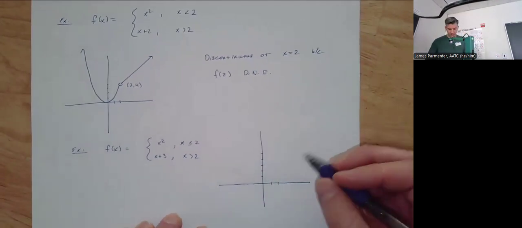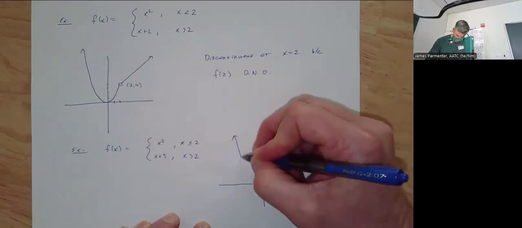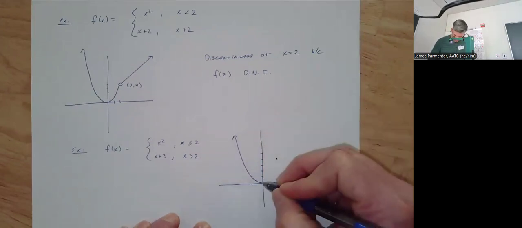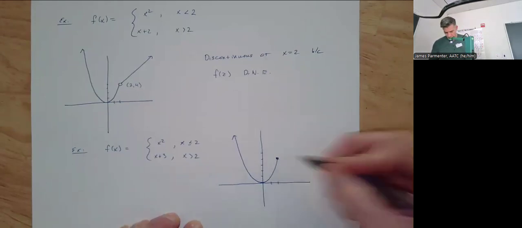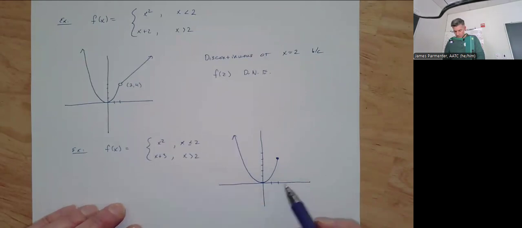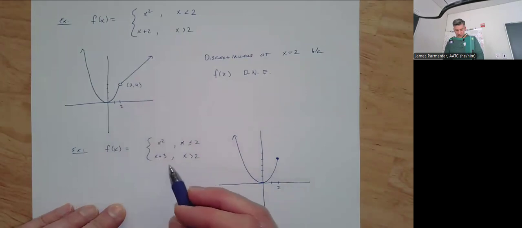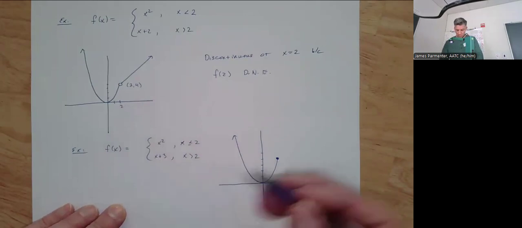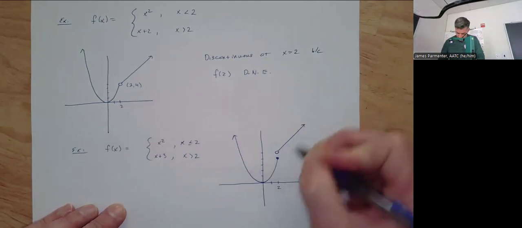And we see from the left, it's still the same usual parabola, the easiest one to draw. And then to the right of 2, we're going to have the line y equals x plus 3, which has the point 2 comma 5, or would if it was defined there. So it's looking like that.